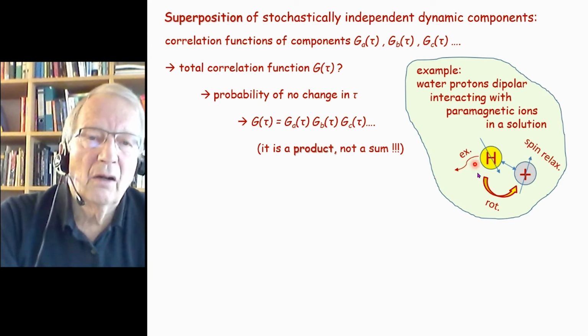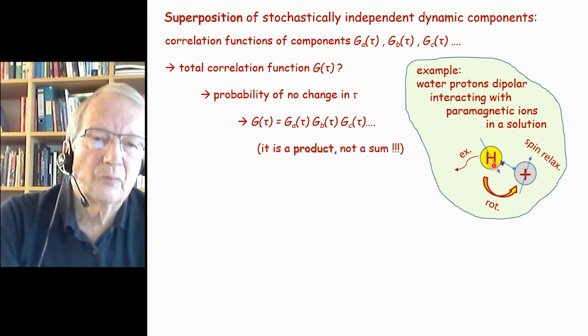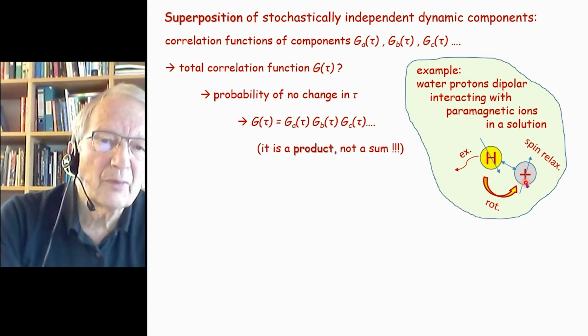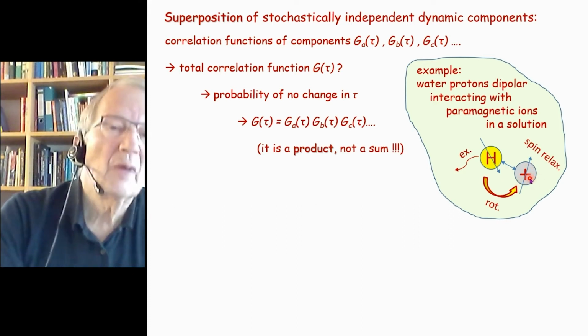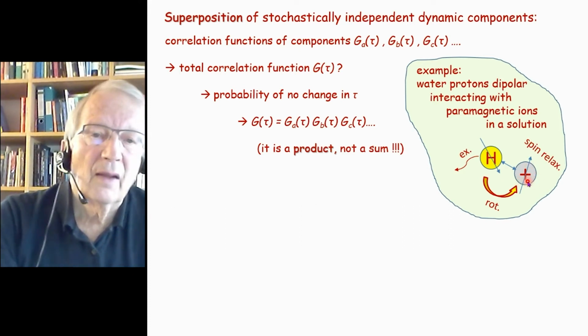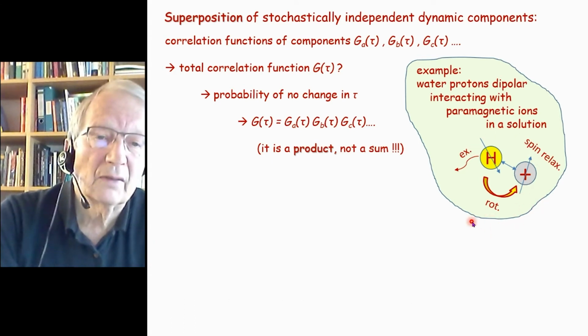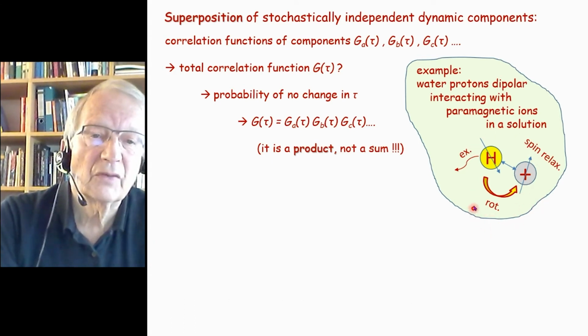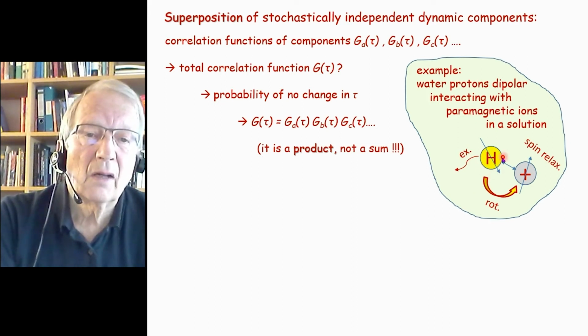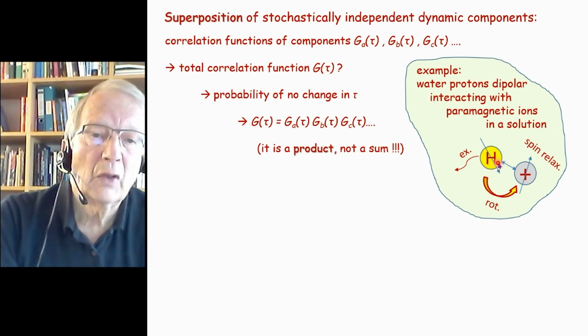And as an example, we can consider this case. We assume protons dipolar coupled to a paramagnetic ion. And here we have different components. For instance, as long as a proton is coupled to the ion, the whole complex can rotate. There will be rotational fluctuations. And then this proton, or the water molecule, will not be bound forever at this position.